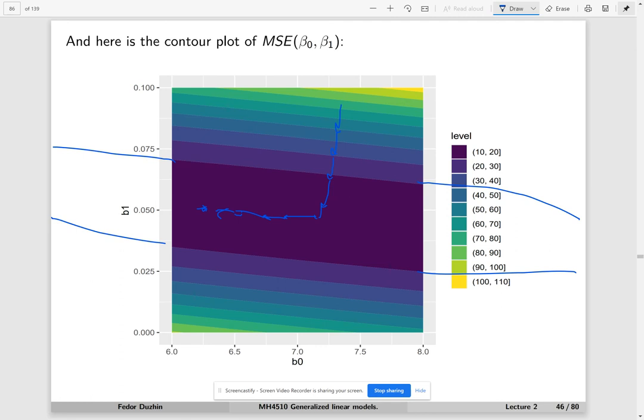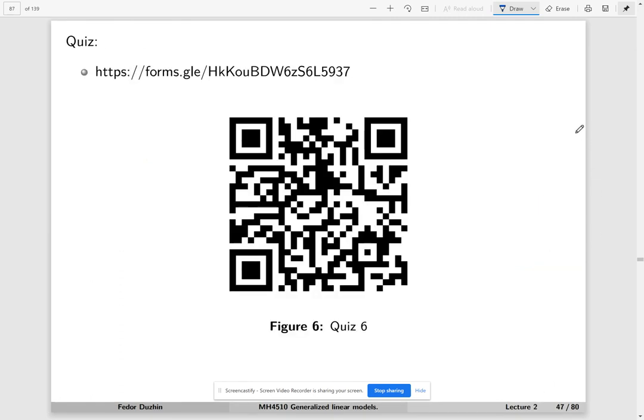Believe me, in practice this is a bit of an issue with convergence of the gradient descent algorithm, and there is a large area of computational mathematics that deals with these things, which you don't really have to know about. The main point is that in practice, these level curves could be very long and very narrow, and it may be a bit of an issue.